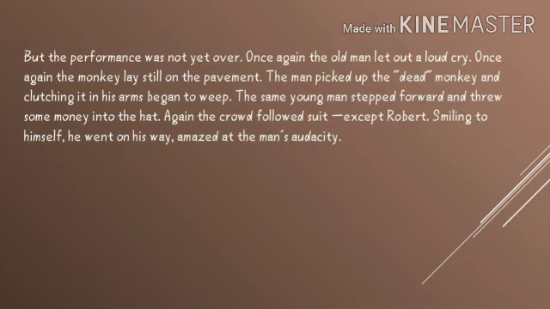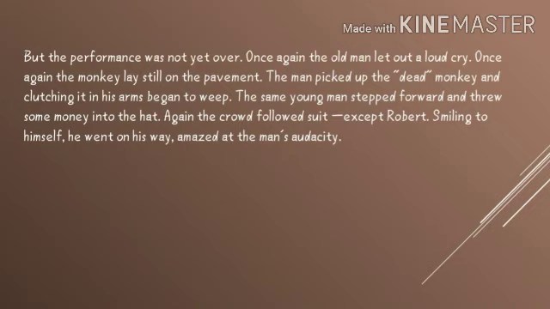So the same young man who put some money in the hat on the first occasion came forward and put some money, and seeing that, all those people in the crowd also went and put some money in the hat, except Robert, because by this time Robert knew that this old man was making fools of other people, and he was just smiling to himself, amazed at the old man's audacity. Audacity means a kind of boldness, the old man's boldness.